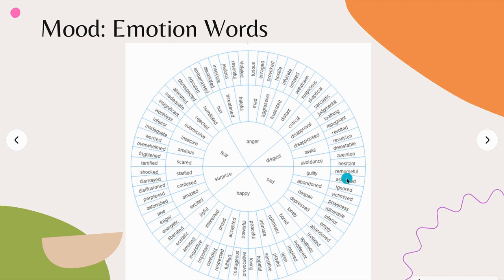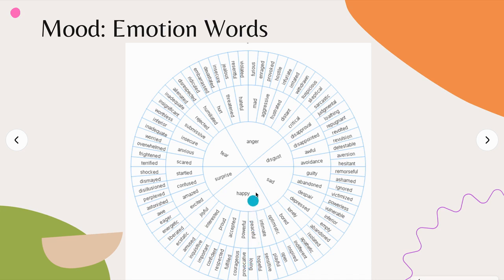Next, take a look at the emotion wheel that your teacher has either shared with you digitally or distributed. You'll notice that at the center of the wheel are 6 words. You might also notice that there are 2 layers that branch out from the core.